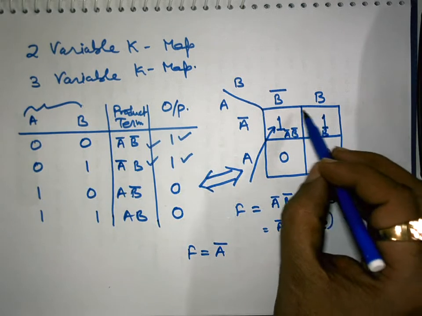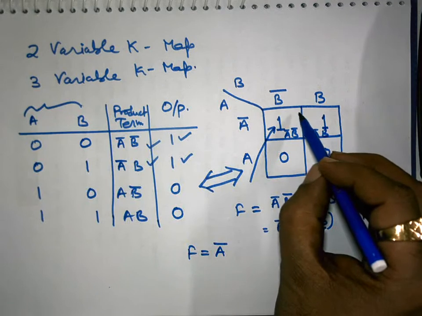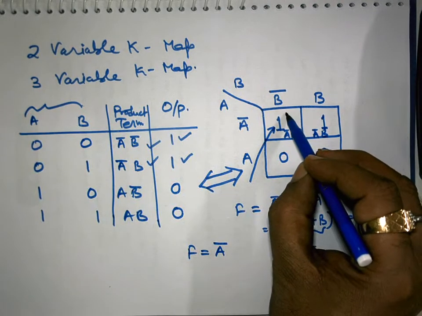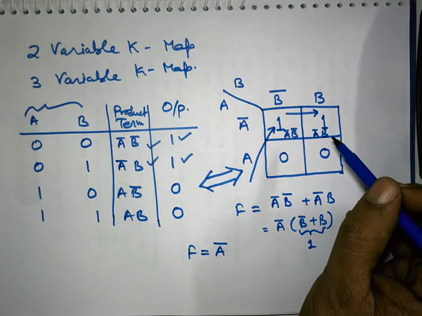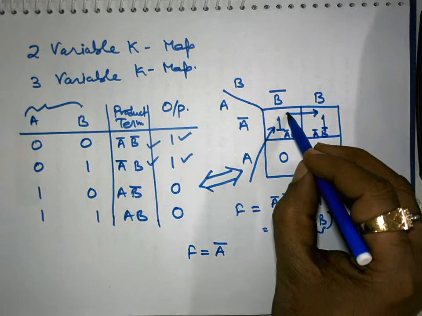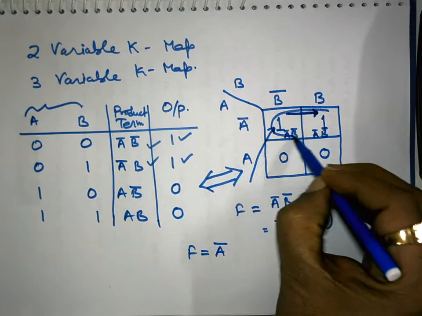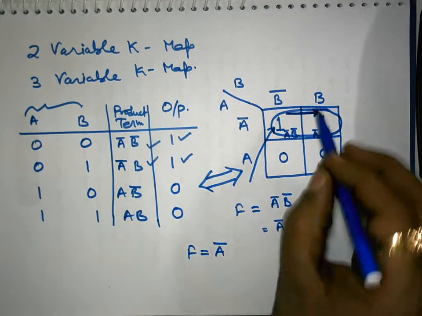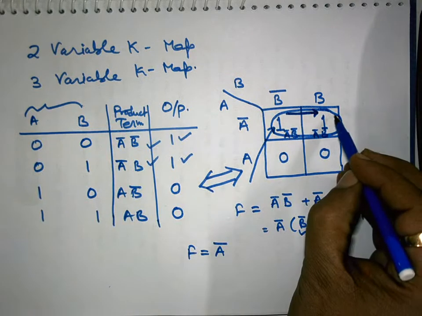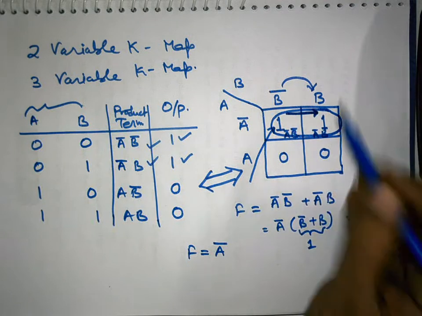Now how can you obtain the same thing on the K map? As I told you yesterday in my lecture, while roaming from one cell to another cell, you observe a single variable change. So this kind of cells can be grouped together to form a loop, and in a certain group, you have to observe which variable is changing.